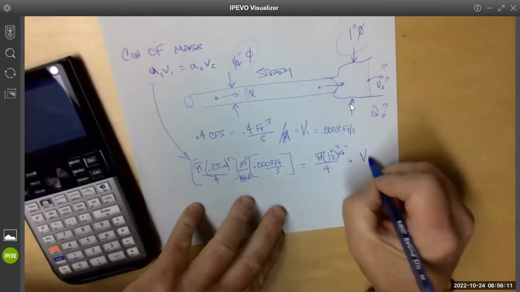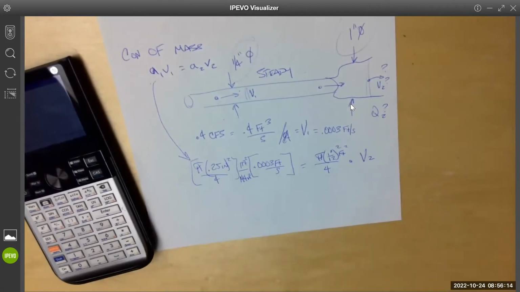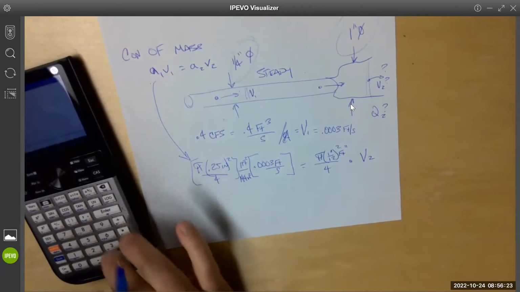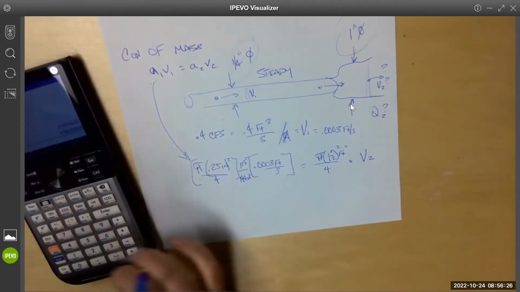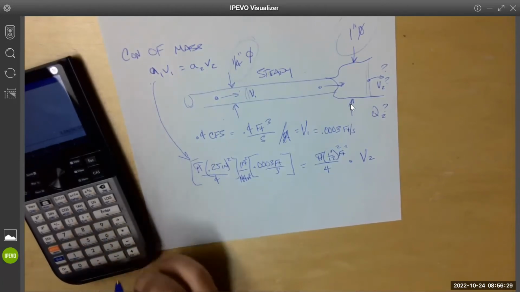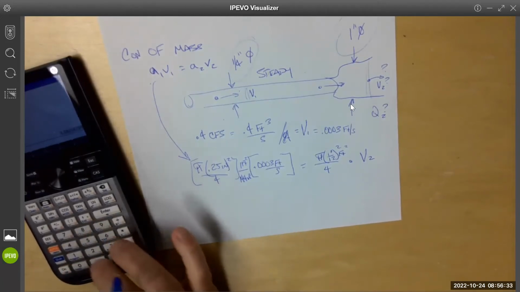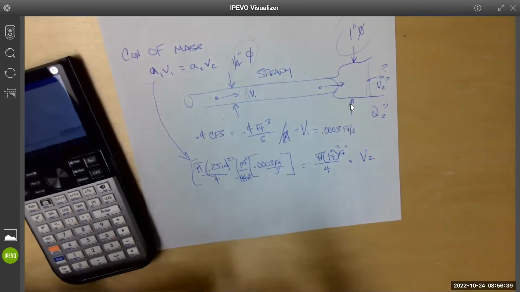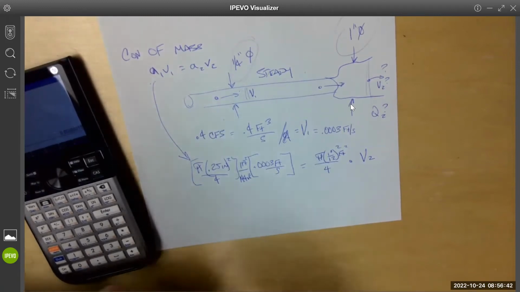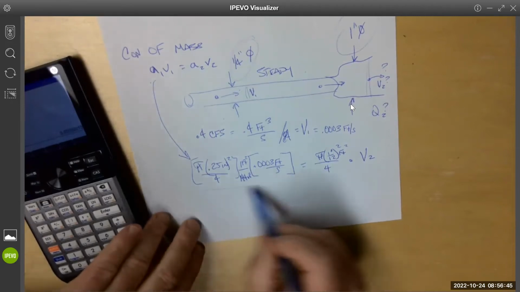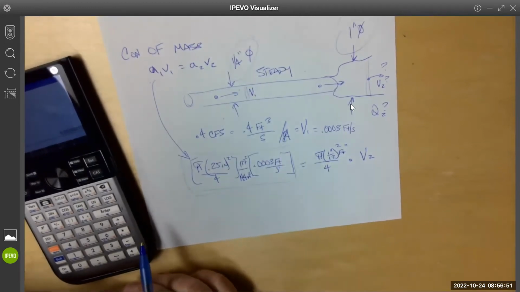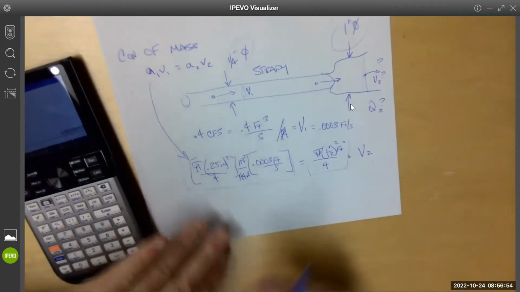And then we have multiplied by V2. So you get your number here. Divide by your area here, and you get your velocity 2.